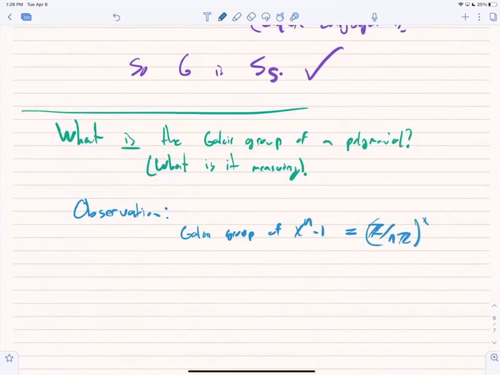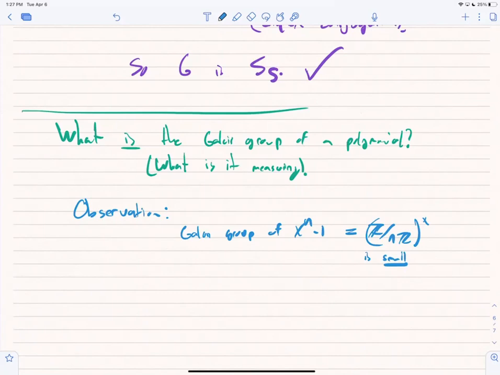And this is sort of small, just because the Galois group of any degree n polynomial is going to be a subgroup of the symmetric group Sn. And so Z mod nZ cross is a pretty small subgroup of Sn.